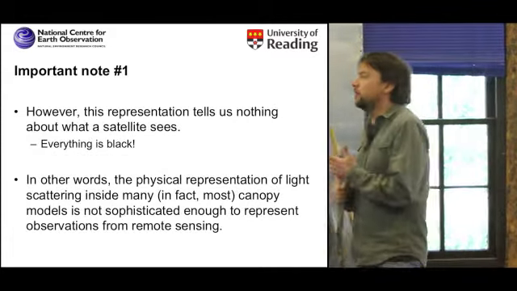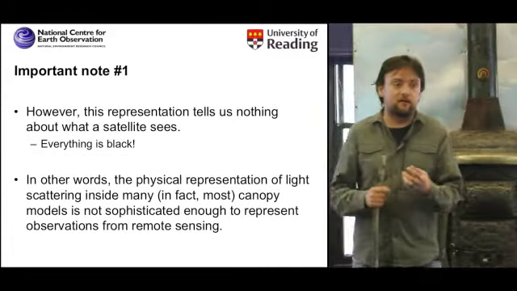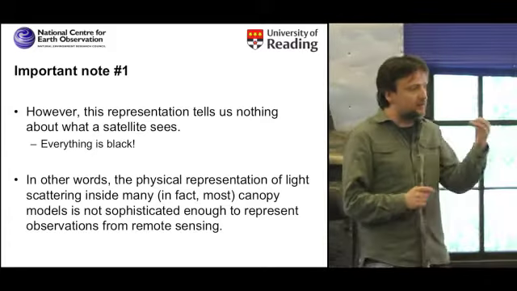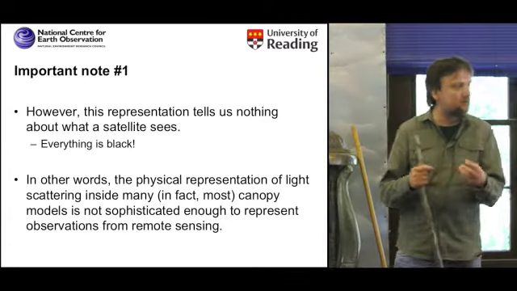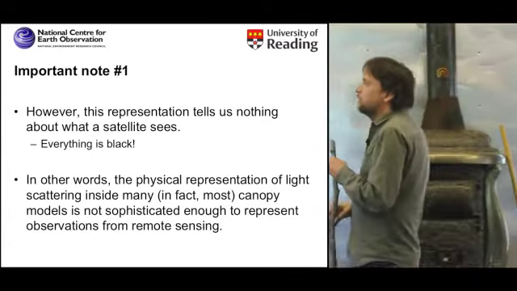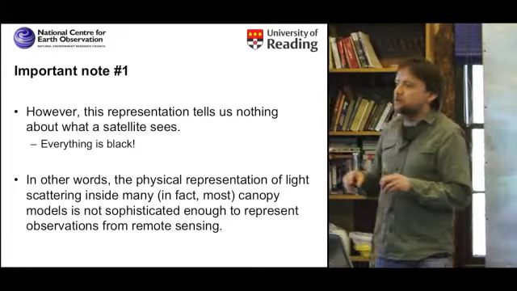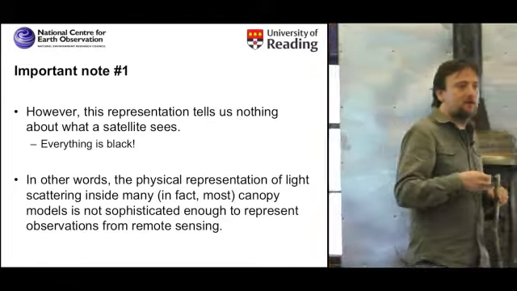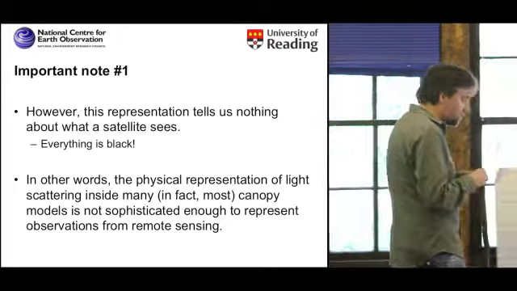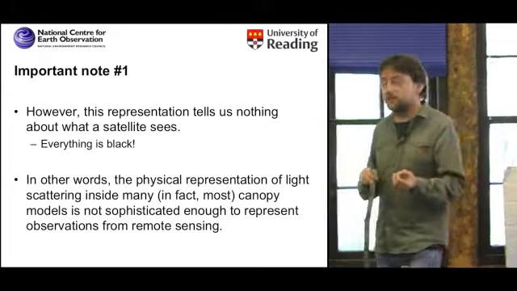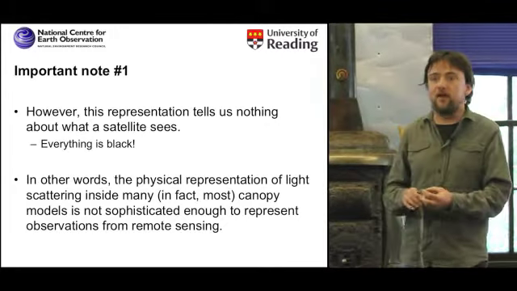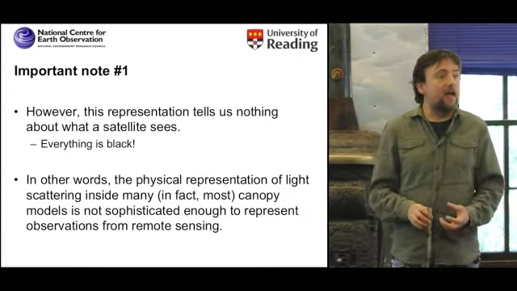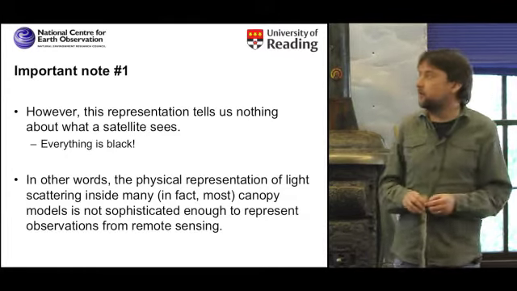The big problem for me, as somebody who works on getting satellite data into ecosystem models and models of carbon fluxes, is that that representation tells us absolutely nothing about what a satellite sees, because if we use what I've just described to predict the satellite signal, we basically have everything as being black. And that helps us in no way interpret the satellite signal.